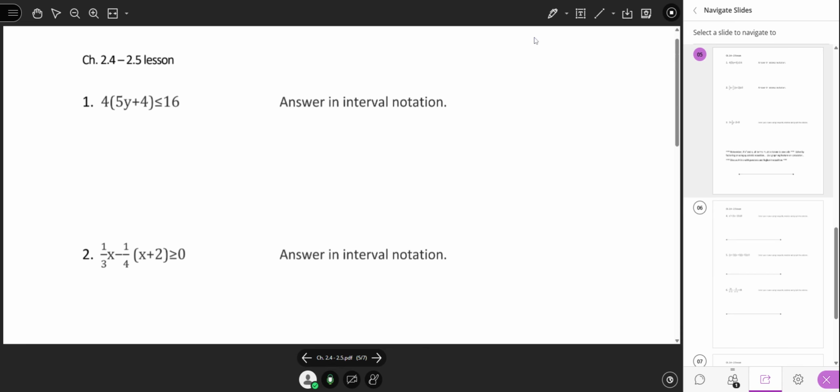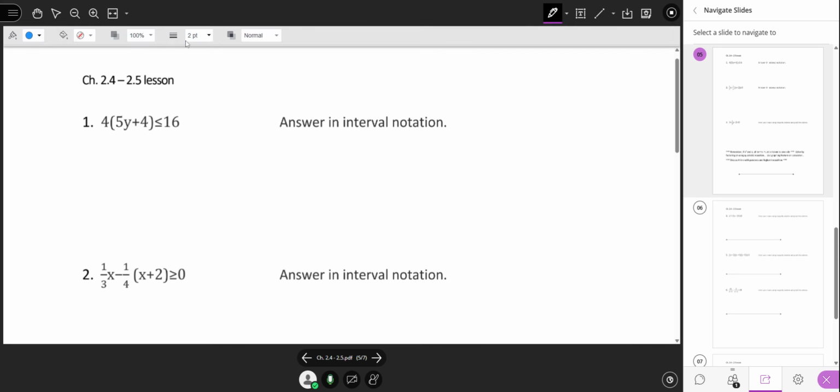So let me get it all set up here. First thing you got to do is solve it. So divide by 4, and that leaves 4y plus 4 smaller than or equal to 4, and then minus 4, well, that gives us 0.